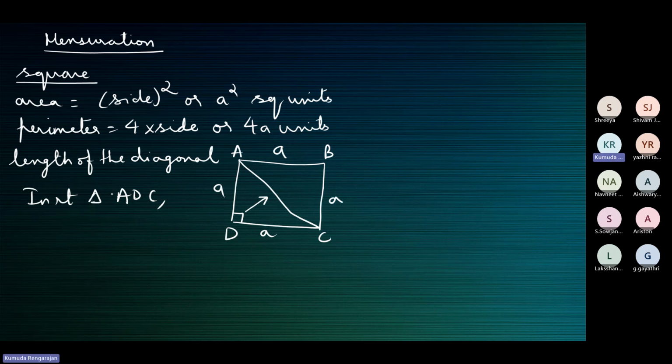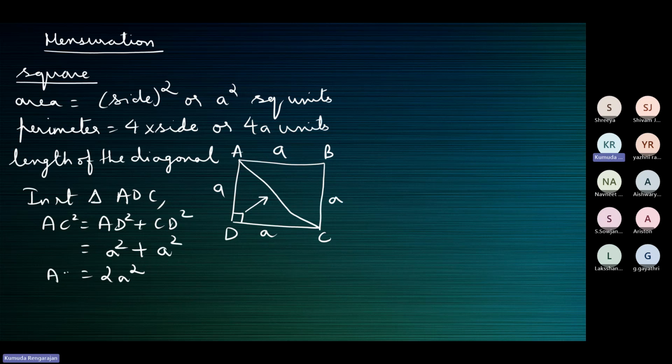In right triangle ADC, by Pythagoras theorem, we have AC square is equal to AD square plus CD square. So AD is a, so a square plus a square, 2a square. So AC square is equal to 2a square. So AC is equal to the square root of 2a square, which is root 2 times the square root of a square.